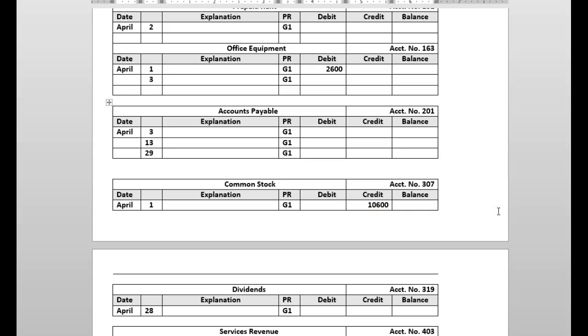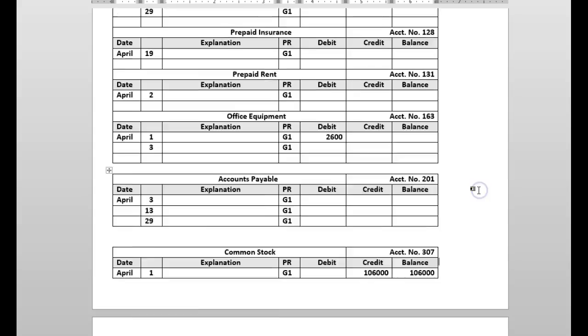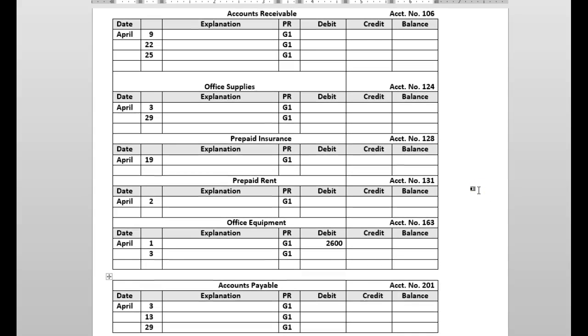Now, before I go any further, I need to give a balance to these. So there's nothing to add or nothing to subtract from this one. So this one has a balance of $106,000. I forgot a zero. And we're going to go back up and do the very same thing to equipment.